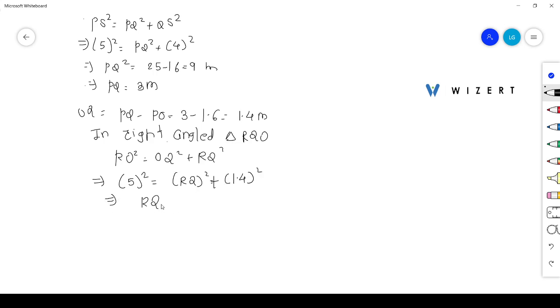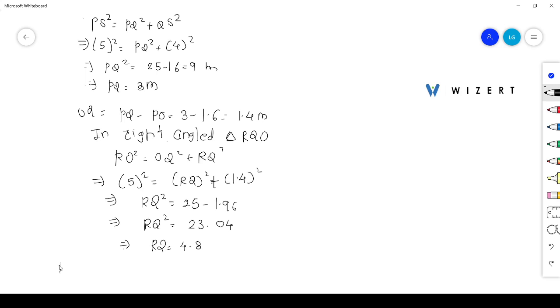So RQ square will be 5 square minus 1.4 square, so it is 25 minus 1.96, so it will be 23.04. Taking square root on both the sides, we get RQ equals 4.8.